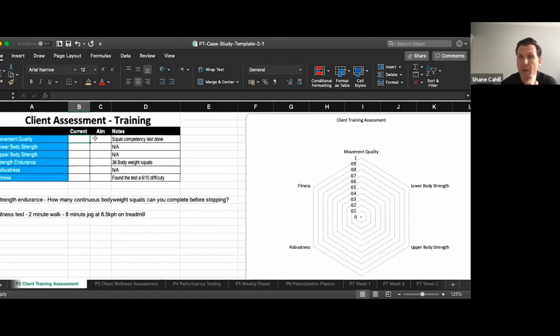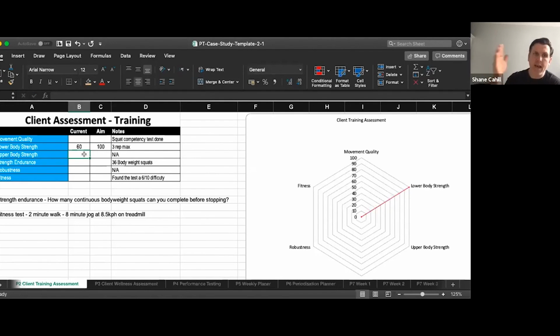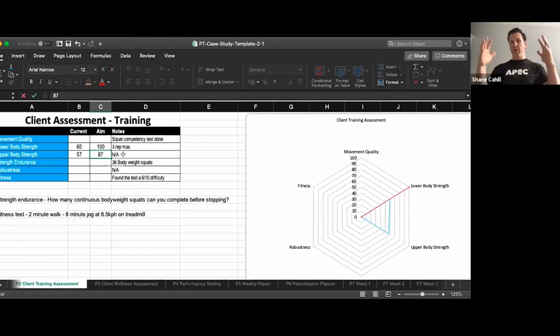But if someone comes to you with a half decent training age, they've maybe had 2 or 3 years of structured training, you can input that information. If you input the information into movement quality, lower and upper body strength endurance, robustness, and fitness levels, the spider graph on the right-hand side of the screen will populate, and you will know where the client wants to get to, which is the aim, and where the client currently is now. And it will show you areas that you need to work on.